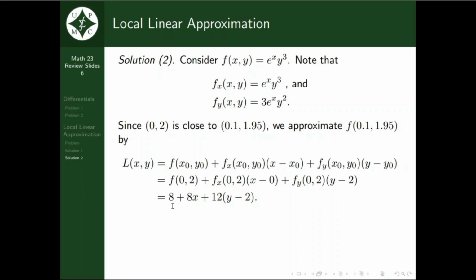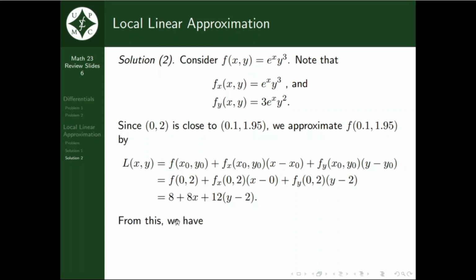So, 1 times 8 is just equal to 8, plus yung partial of f with respect to x is e to the x, y cubed, so similar lang. So, that's why we have 8 here as well. And then, partial niya with respect to y naman, 3 times 1 times 2 squared is 3 times 4, so 12 siya dito.